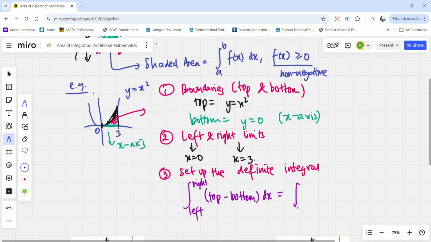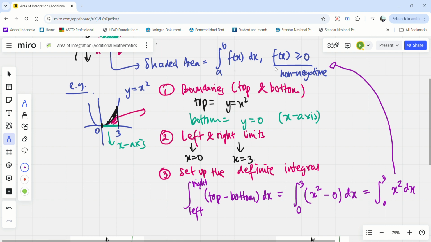So in this example, we have 0 up to 3 of the top function, which is x squared, subtracted by the bottom, which is y equals 0, so we put 0 dx, and it's simply the same idea as the concept I mentioned.